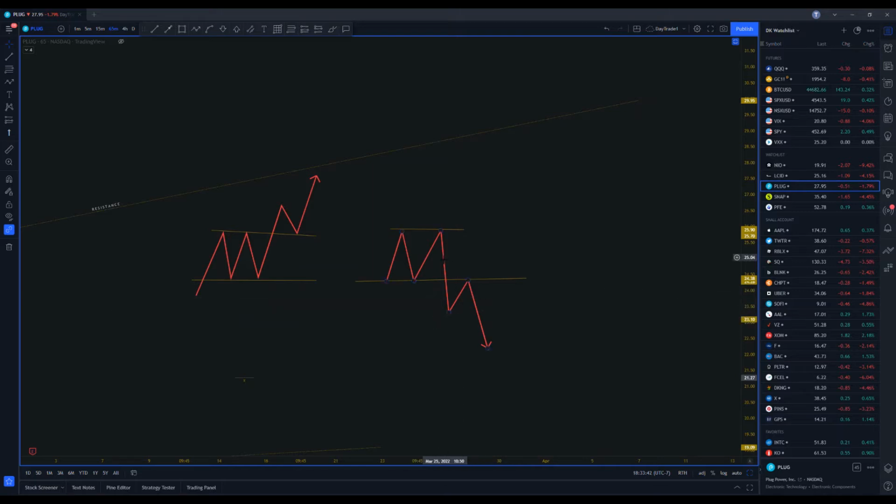Sorry for the bad drawings, but pretty much this is the concept of it. So you wait for the breakout, it pushes up, comes down to retest that breakout level, pushes up. In the opposite direction, you get the break to the downside, the retest of that breakout, and then it pushes down.